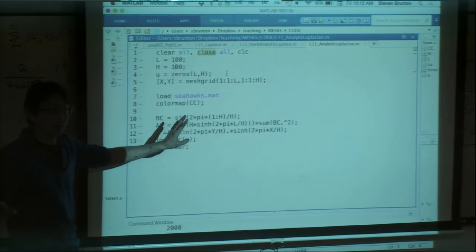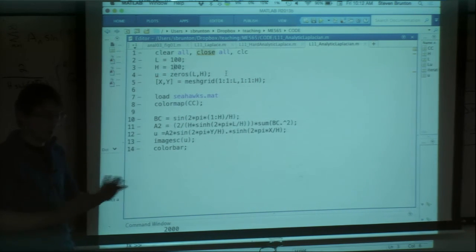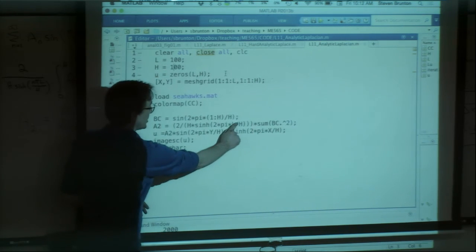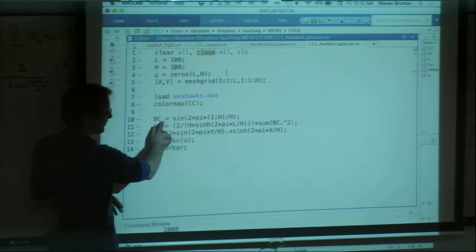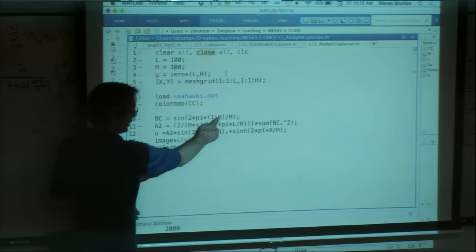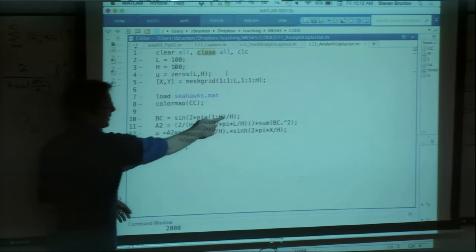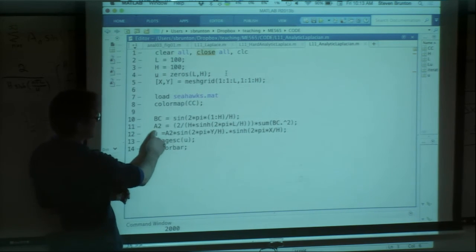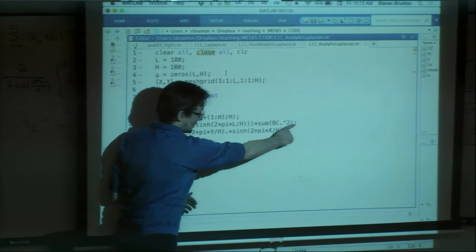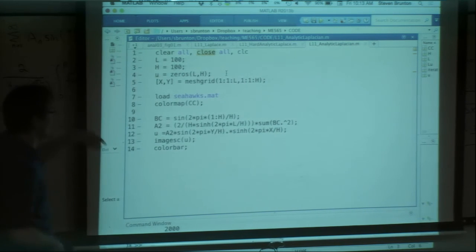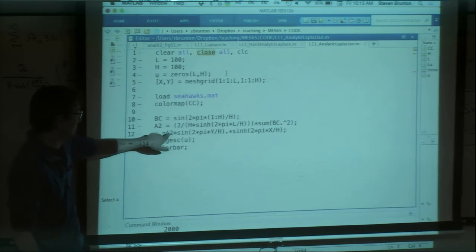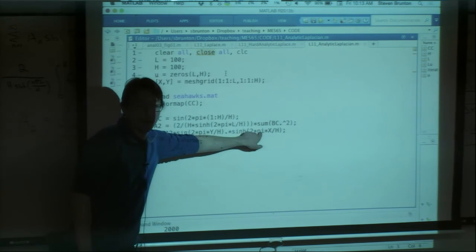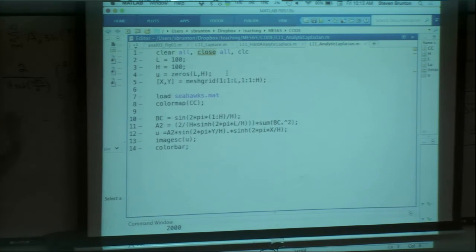There's no iterations, there's no heat equation, no discrete Laplacian. I have my boundary condition function, my f of y. It's just sine of 2 pi y over H. This is my variable y, a vector of y variables. I have my constant a_2, which I can solve exactly how I wrote it here. And then my u function is just a_2 times sine of that frequency in y times sinh of that frequency in x. And I'm going to plot it. Super simple.